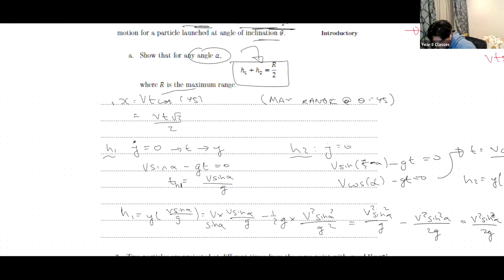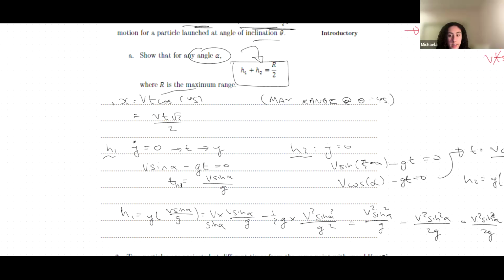The way I would go about this is by deriving a general range expression and then plugging in theta equals 45. Starting from how we find range, I let y equals 0 and solve this for theta for now, but later I'm going to plug in theta equals 45. Oh, okay, so don't do that yet. Go from here and I'll let you do the working, see how you go.